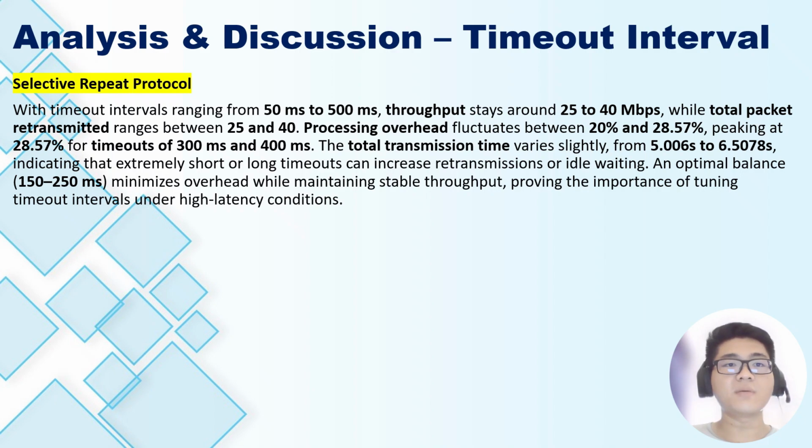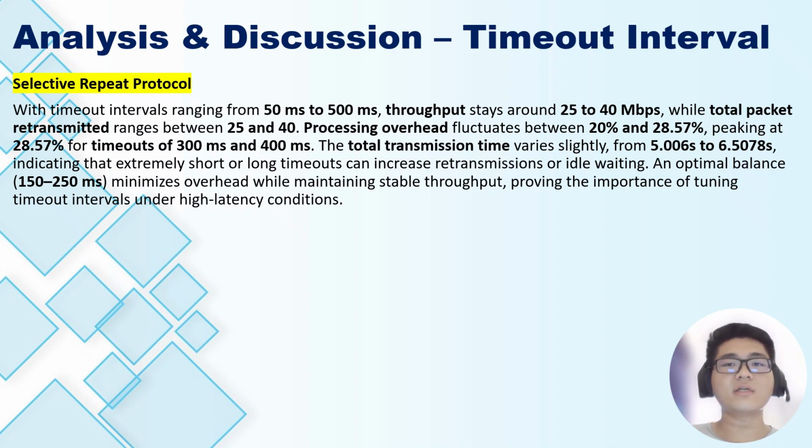Last is the selective repeat protocol. With the timeout interval ranging from 50 ms to 500 ms, throughput rates around 25 to 40 Mbps, while total packet retransmissions range between 25 and 40.